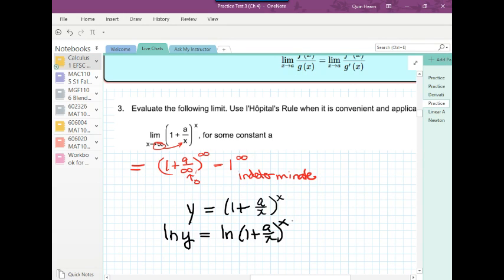So now we're going to do a little trick here. We're going to say, okay, we're looking for some number y that's equal to the limit as x goes to infinity of 1 plus a over x. Ooh, that looks pretty bad. Hold on. 1 plus a over x raised to the x power.